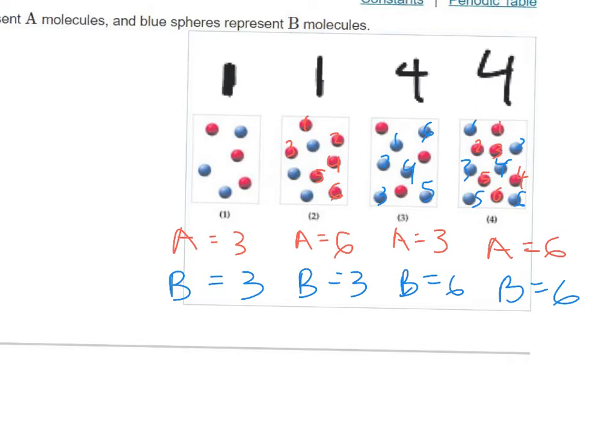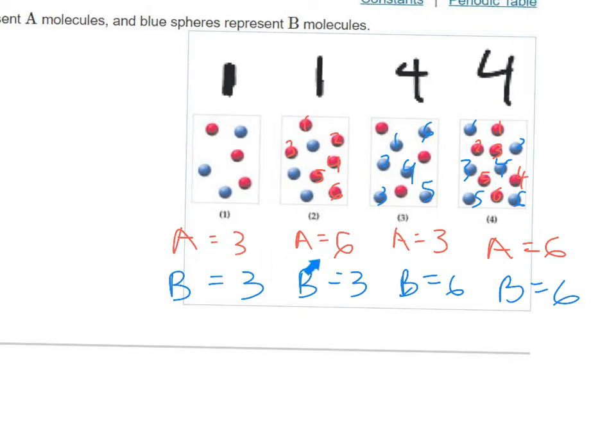What we're looking at is how changes in concentration affect the rate, and we have to do so in such a fashion that we're holding the concentration of B or A constant. So let's take a look at experiment 1 and experiment 2. In experiments 1 and 2, the concentration of B is constant. However, our concentration of A doubles.